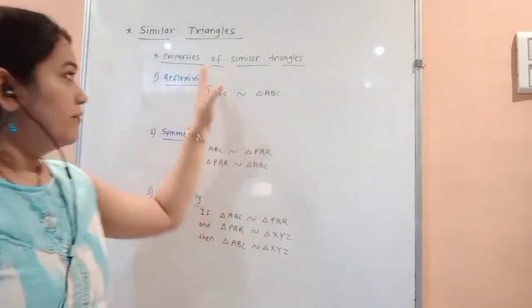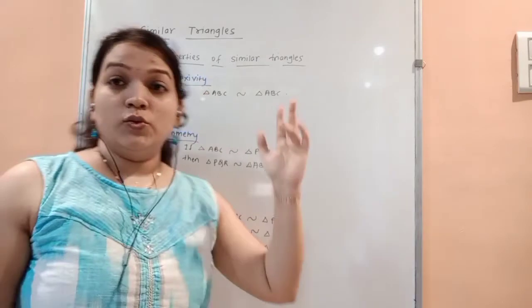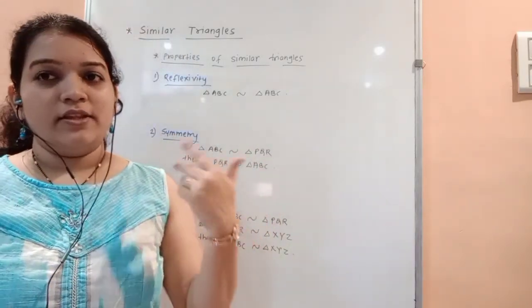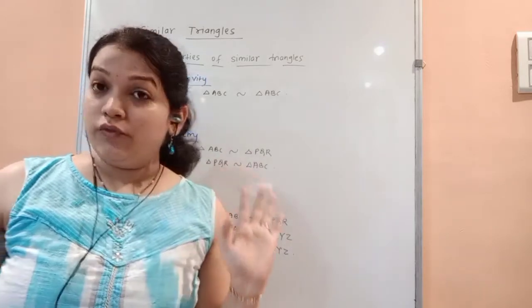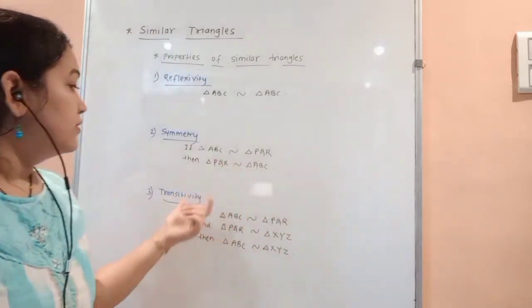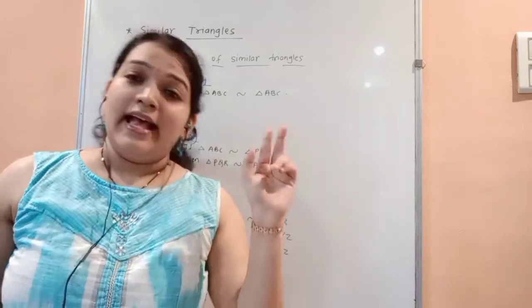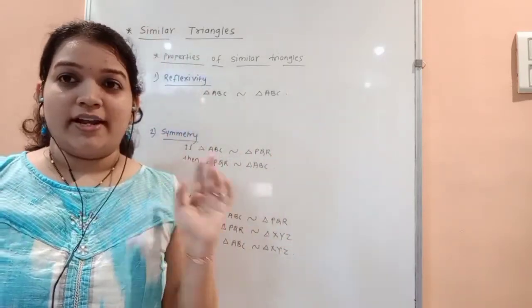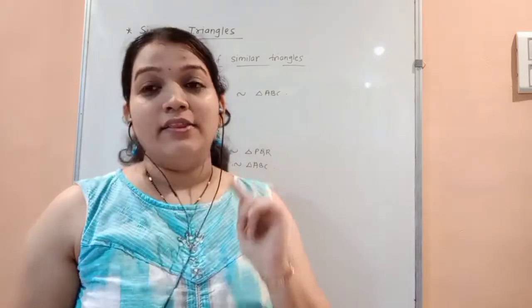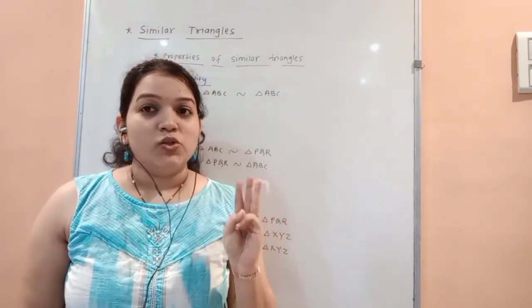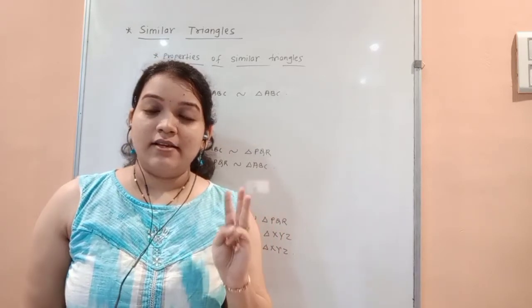Okay. Reflexivity means every triangle is similar to itself. Symmetry means if first triangle is similar to second one, then we can say second triangle is similar to first triangle. Okay. And third, transitivity means if first triangle is similar to second triangle and second triangle is similar to third triangle, then the first triangle and third triangle are similar. Is this thing clear to you? So three properties of similar triangles clear.